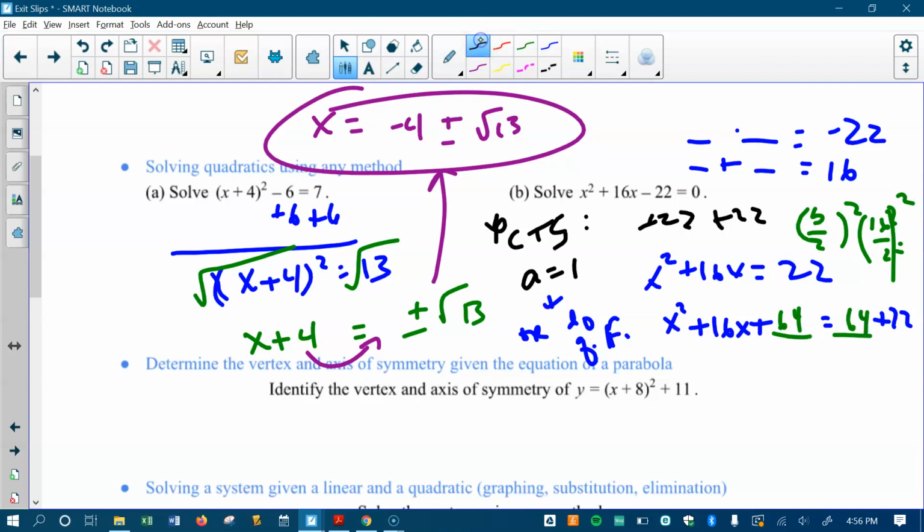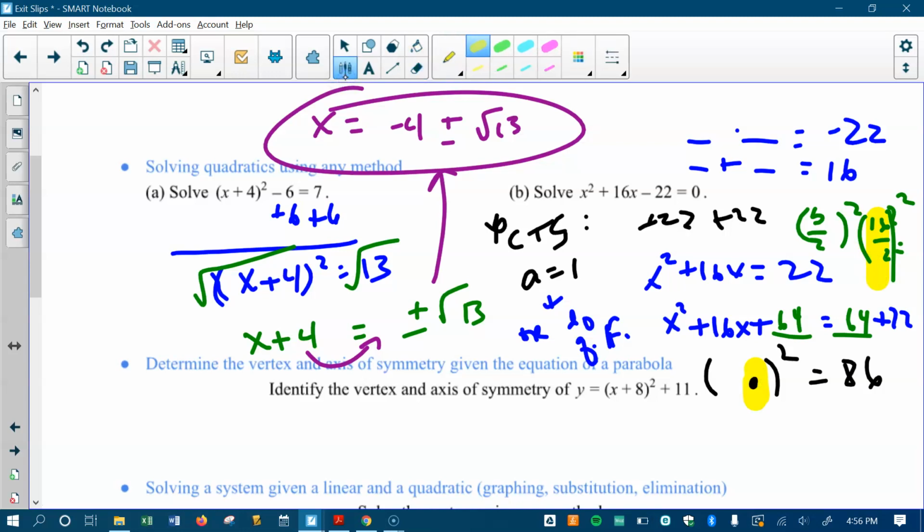Okay. And now what I'm going to do is I'm going to factor the left side. I'm going to add up the right side. That's 86. Now, the number that goes here, uh-oh. That's not what I wanted. The number that goes here is this number.